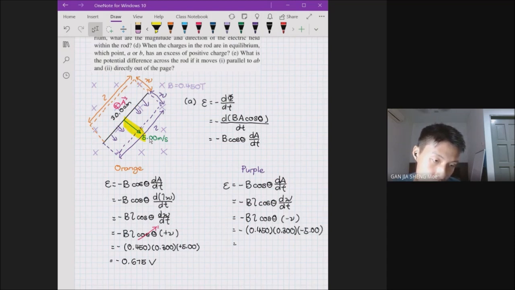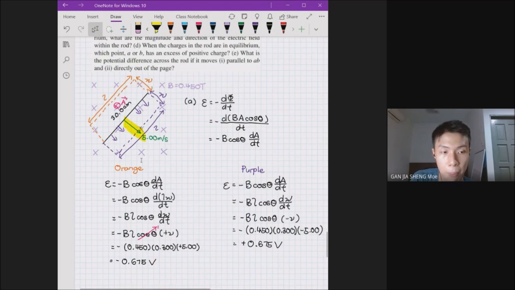So you get positive 0.675 if you choose it to be the purple loop. Okay, you might think, is there a mistake here? Well, as I said earlier, the negative and the positive is for you to determine direction. So as long as it doesn't mess up the direction, then both of the calculations should be acceptable. So let's check whether it's true or not.